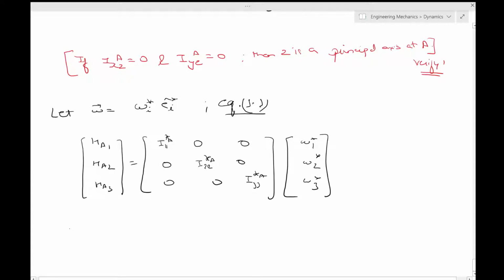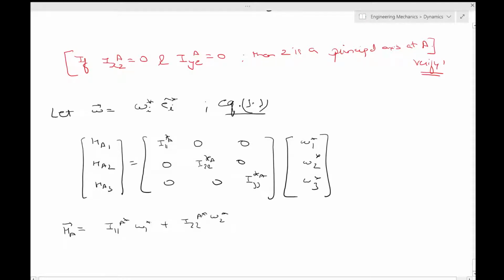Now this as a vector can be written as I_11A star omega 1 star, I may be writing star at different places, but they are all the same, plus I_22A star omega 2 star.